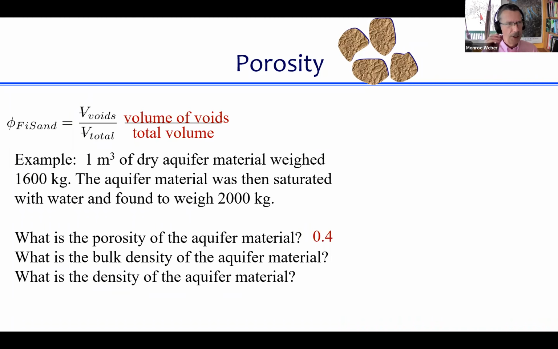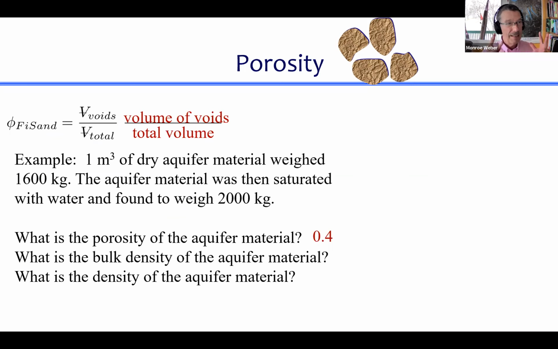So this word bulk just means that it's kind of like the density that you get when you dump a load of it there. You have your dump truck and you dump a load of it, and the dump truck held, I don't know, 10 cubic yards, and this was how much it weighed. If you take that weight in kilograms and divide it by a volume in cubic meters, that's the bulk density.